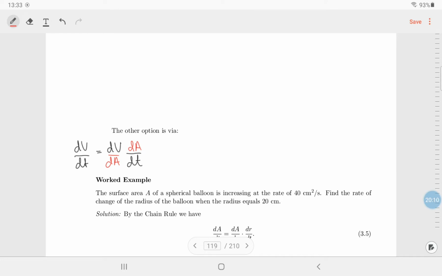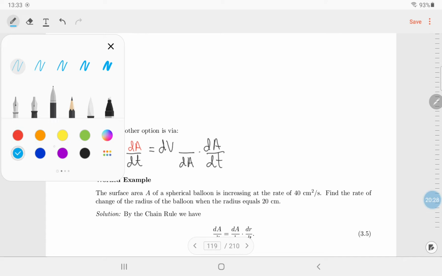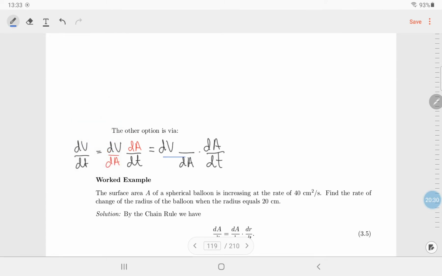So what you have to do here is split up dV/dA. Now this turns out to be easier in the end, but probably easier to do the longer way. So now put in the other variable that's lurking around. Well, that would be the radius.